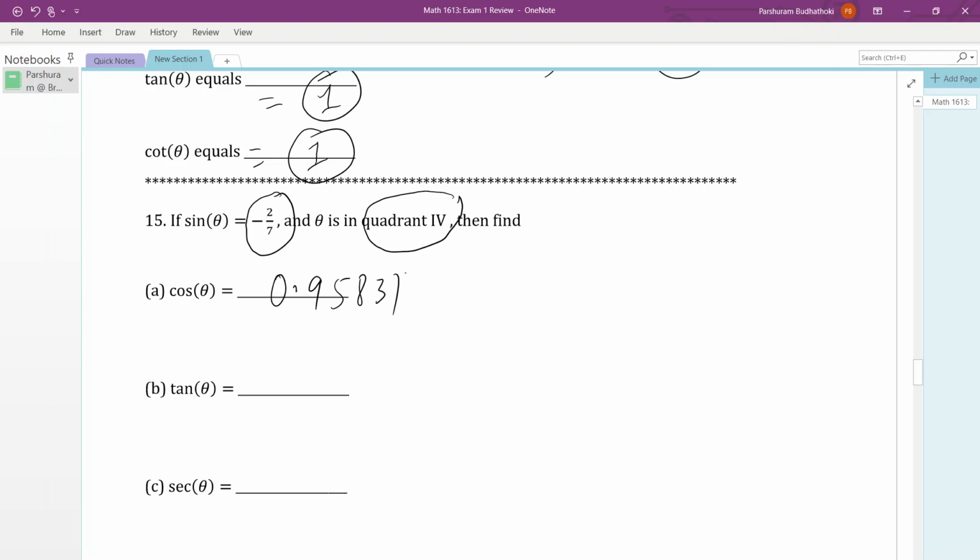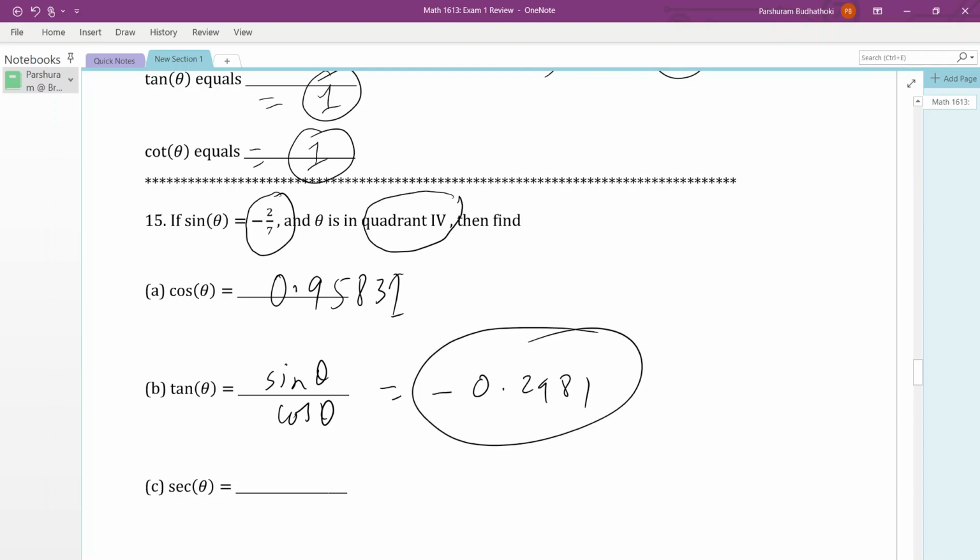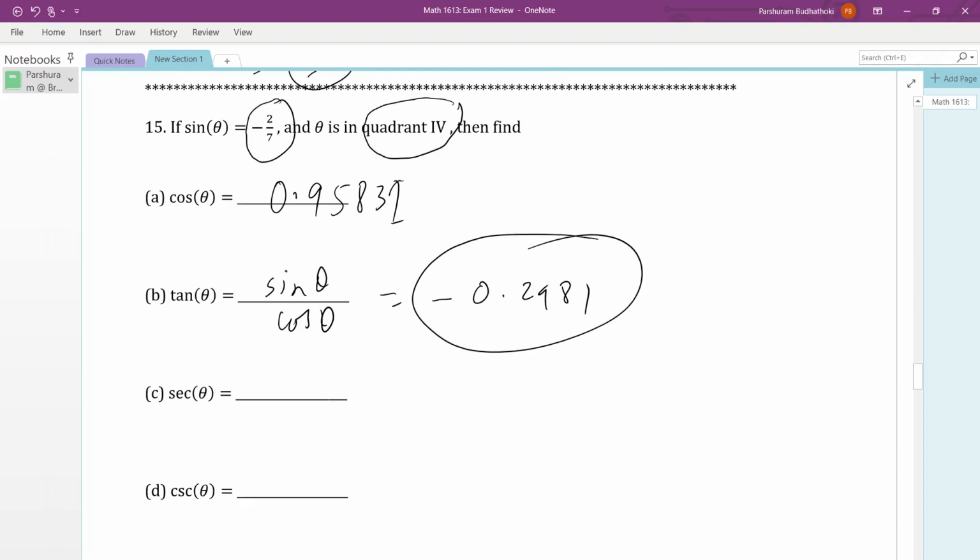For the tangent theta, it's sine theta over cosine theta. So just plug the value of sine theta equal to negative 2 over 7, and cosine theta, and it will be negative 0.2981. Secant theta is just 1 over cosine theta, so just divide 1 by the number you got here.